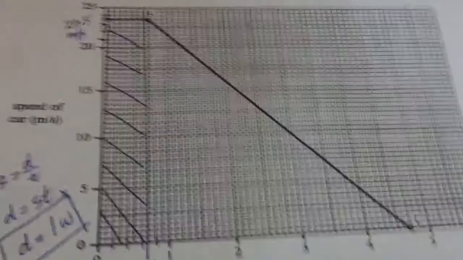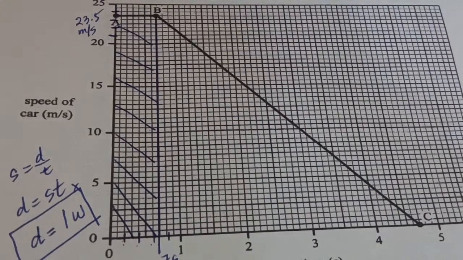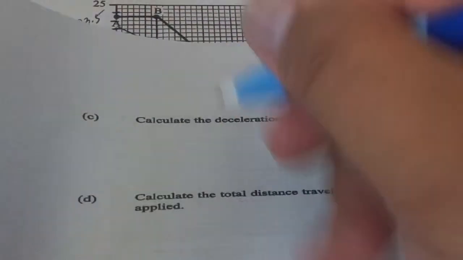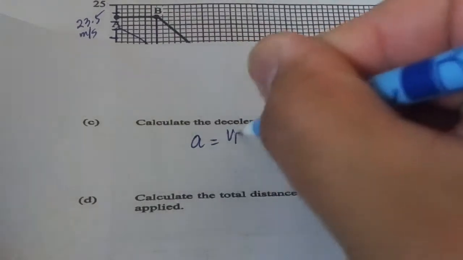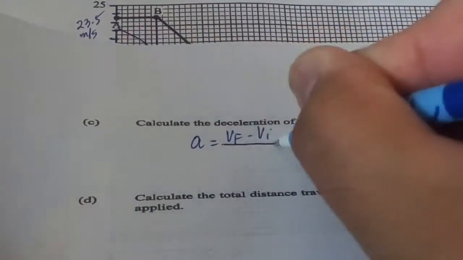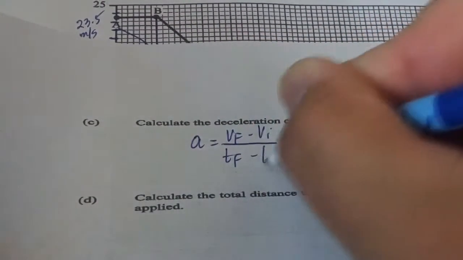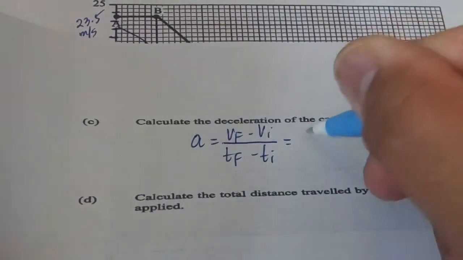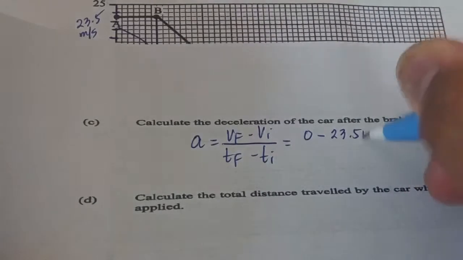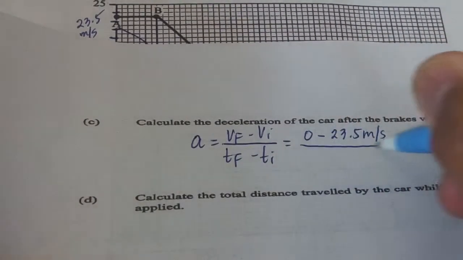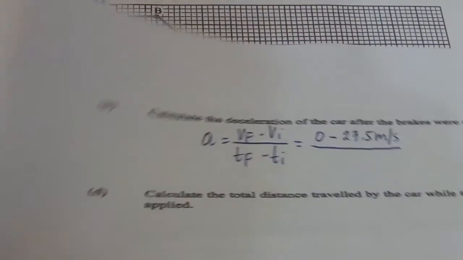So our deceleration would be the change of velocity over the change of time. Acceleration is equal to Vf minus Vi over Tf minus Ti. That would be 0 minus 23.5 meters per second, divided by the final time minus the initial time.